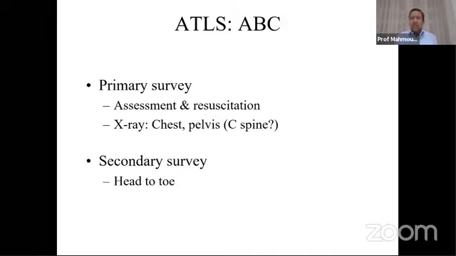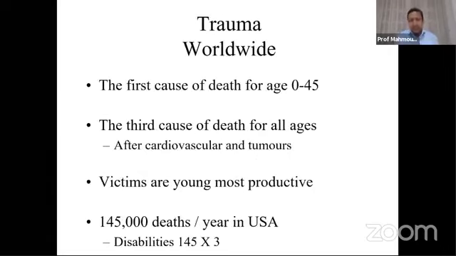Chest, because for breathing problems, you may have pneumothorax or hemothorax or major vessels injury or widened mediastinum, and pelvis also fractured pelvis, and then also the cervical spine. After stabilizing the patient, then you're going to look at the secondary survey.